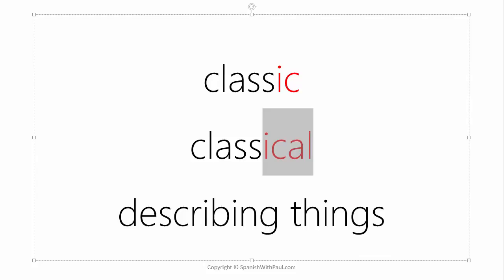We don't need to remember something new for that, which is very, very useful because sometimes you might want to say classic in a sentence because it sounds the most natural in English, while other times you will want to say classical, right? So we have that variation in English, but in Spanish, it's the same thing. So this immediately doubles our vocabulary for that category.